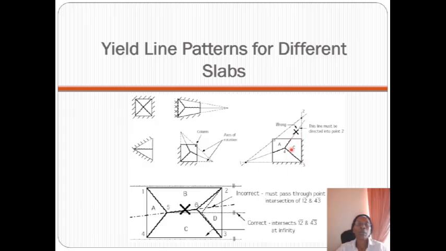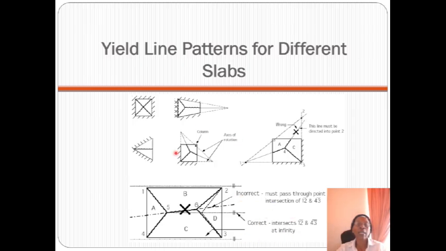And also if you have different types of slabs, the supporting methods are different. For example, you can see that two adjacent sides are supported and another two adjacent sides are free. Then I have also indicated here what is incorrect and what is correct.